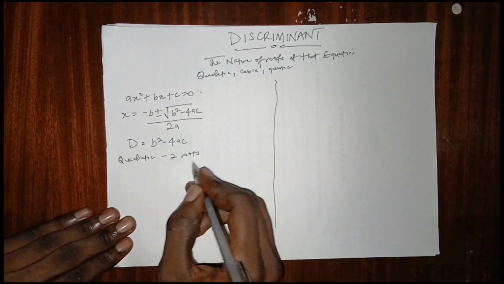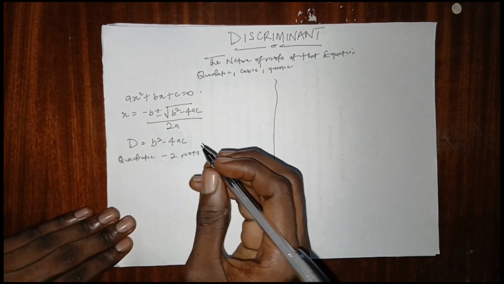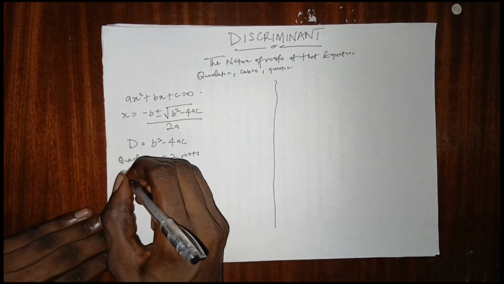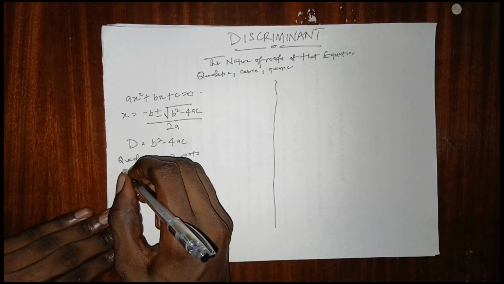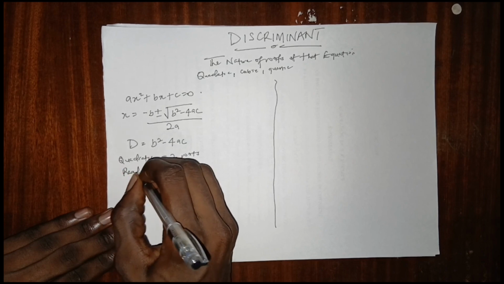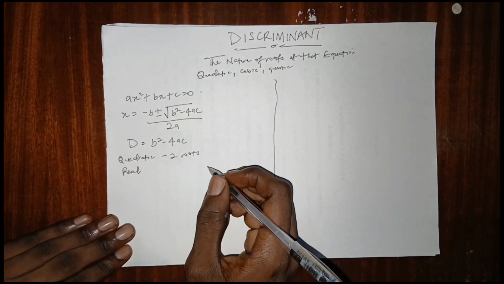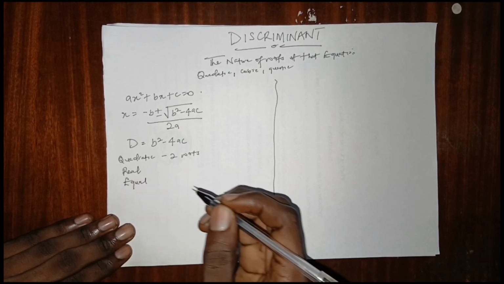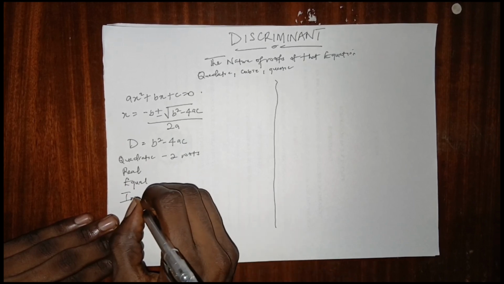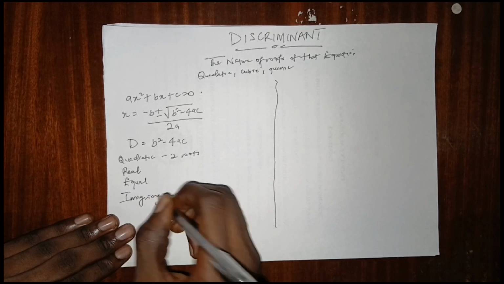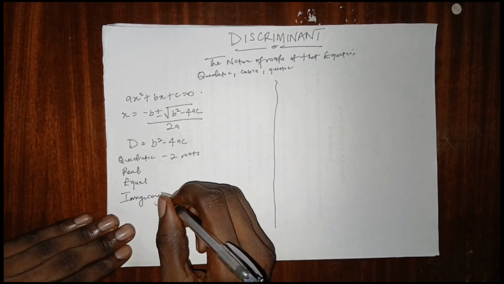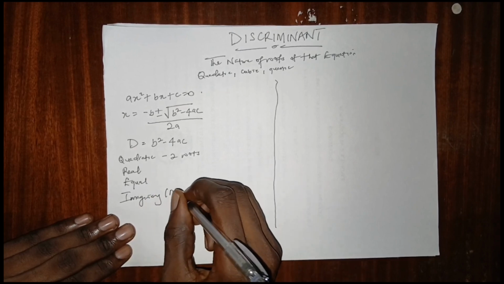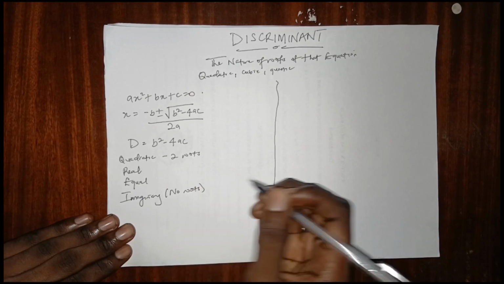Then to know the nature of those two roots, they are either real, or equal, or imaginary, which is sometimes also called no root per se.